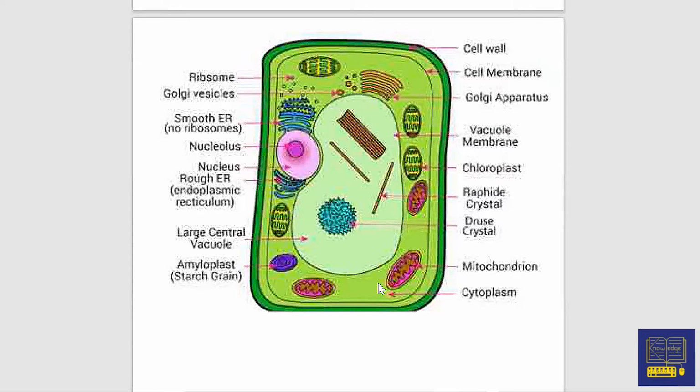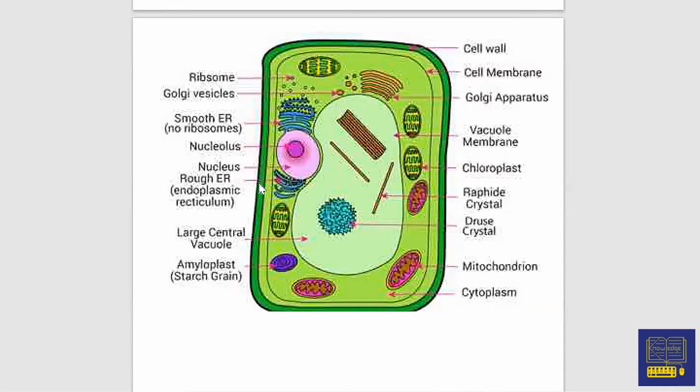The types of plastids are leucoplast, chloroplast, and chromoplast. This is the chloroplast.